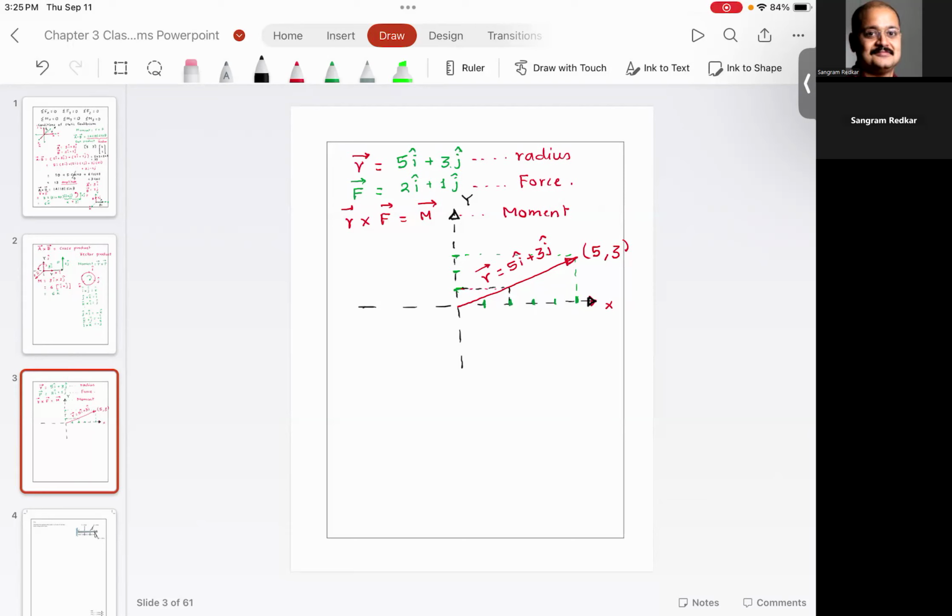It's very difficult to draw here, but I'll try. So my force vector F is equal to 2i plus 1j.